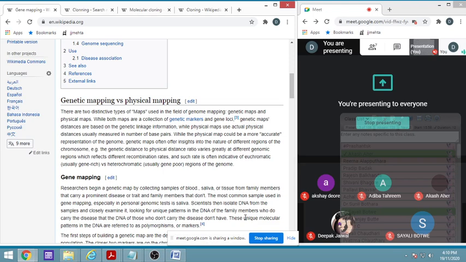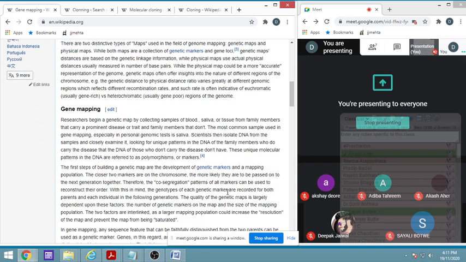The physical map will show the distance, while the genetic map will show what activities are going on there, particularly gene rich areas versus gene poor regions, because a genome can have gene rich as well as gene poor areas, and from that we can identify which it is.